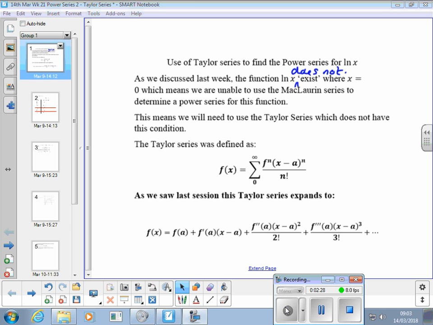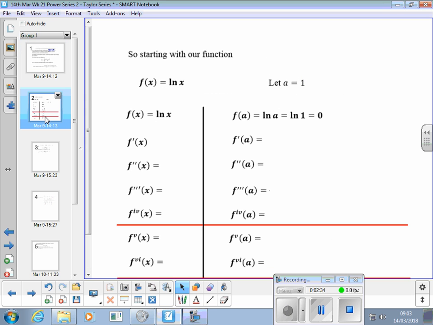So, if we return to the function that we couldn't do last week, the function ln x, we'll choose to focus on that function around the point where x is equal to 1. So we'll let a equal 1.